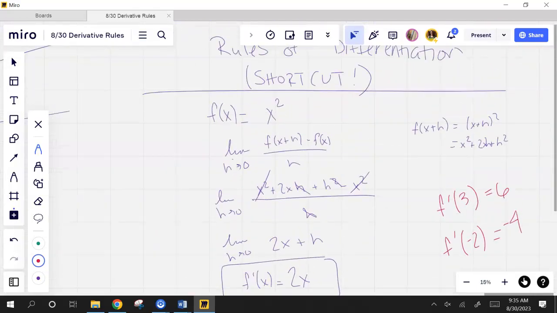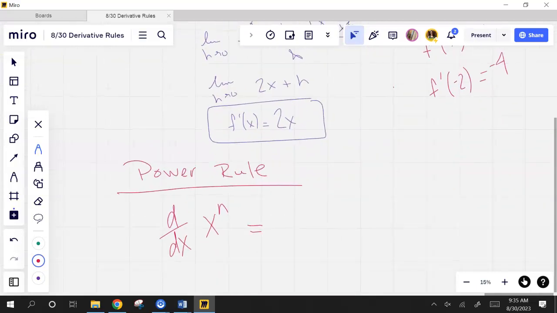You take the exponent that was there, and it comes around front. So this would be n times x, and then you subtract 1 from it. You take the exponent, it comes around front and multiplies as a coefficient, and then up here you subtract 1 from that exponent.